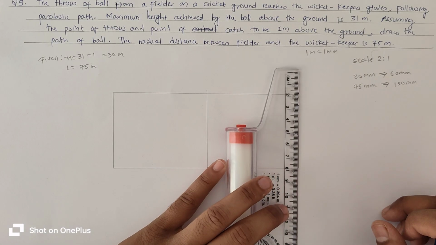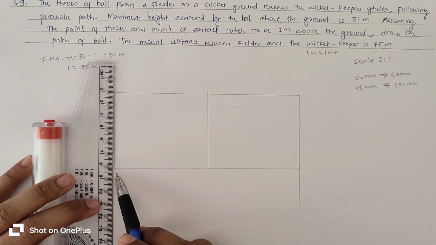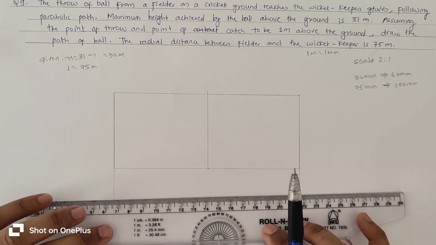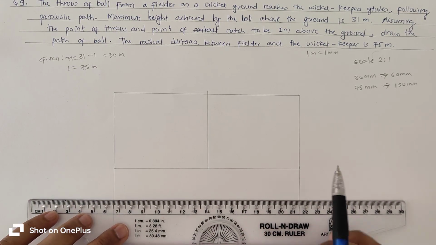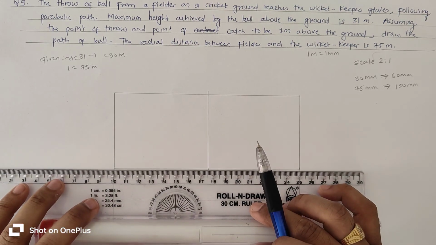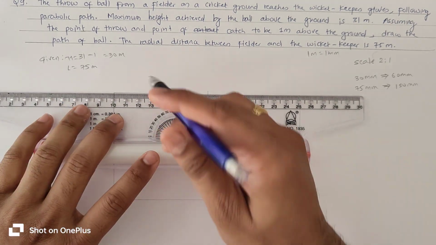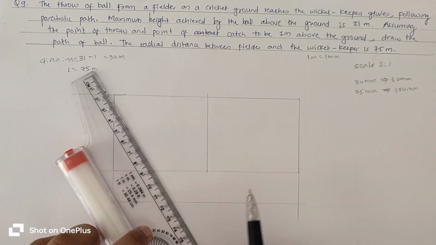In dimension you can write the modified dimension: this one is 150 and this one is 60 mm.